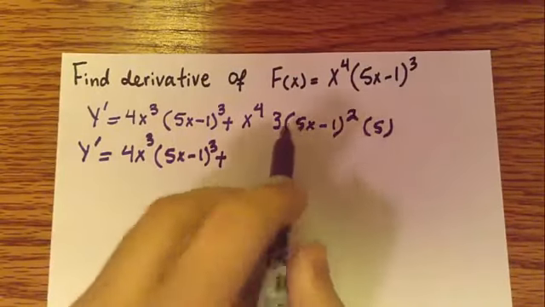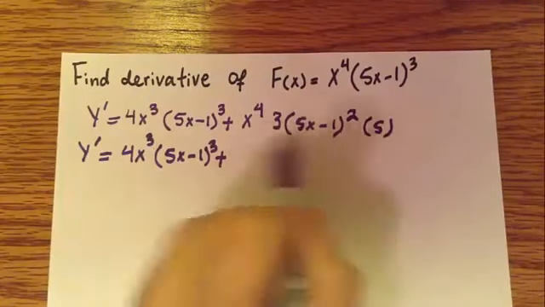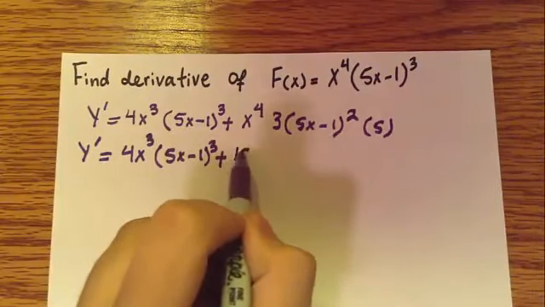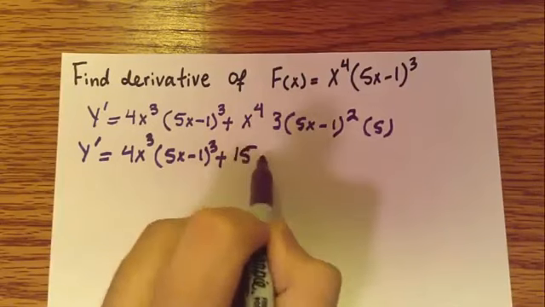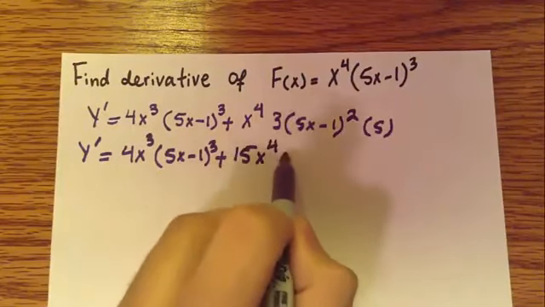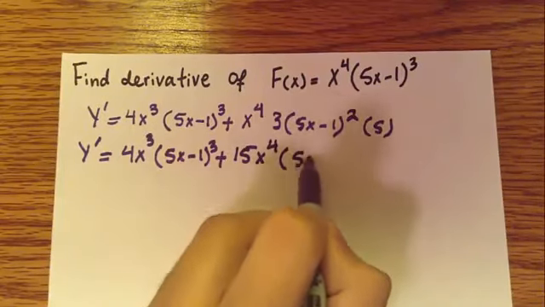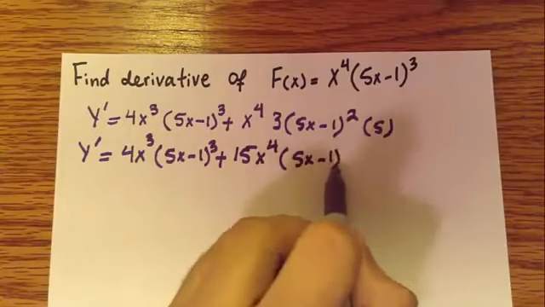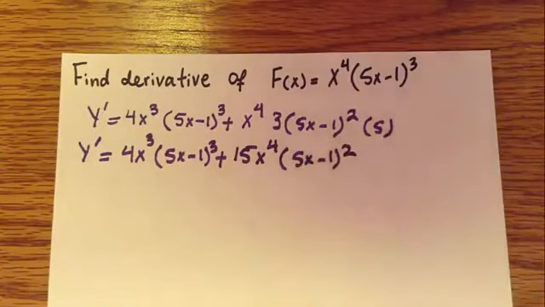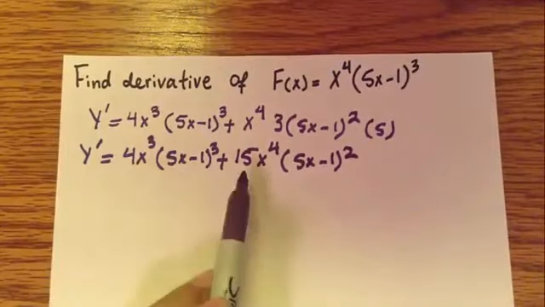So let's combine everything together. So I have 3 times 5, I'm going to have 15. Then let's attach x to the fourth power next to it. And then I have (5x minus 1) squared. So let's see here, I have 4 and 15.